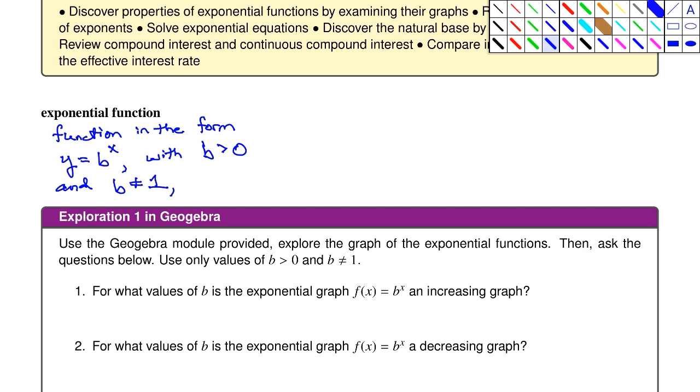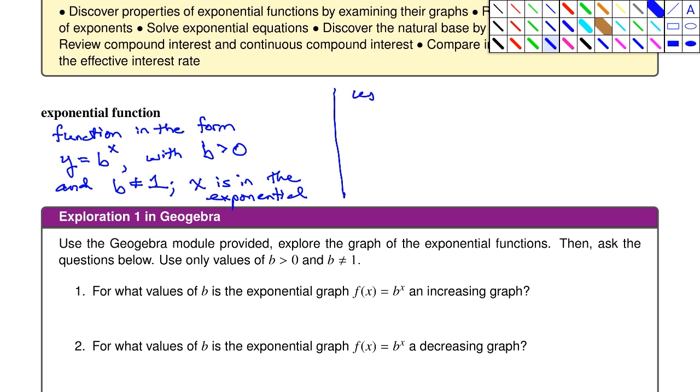Now, the thing that makes this an exponential function is noticing where the x is. So x is in the exponent, and that's why it's called an exponential function. Now, why do we use the exponential function?